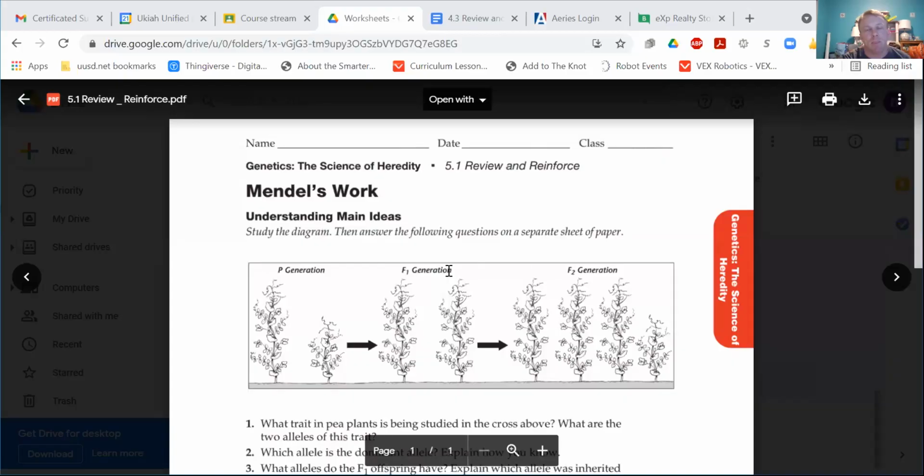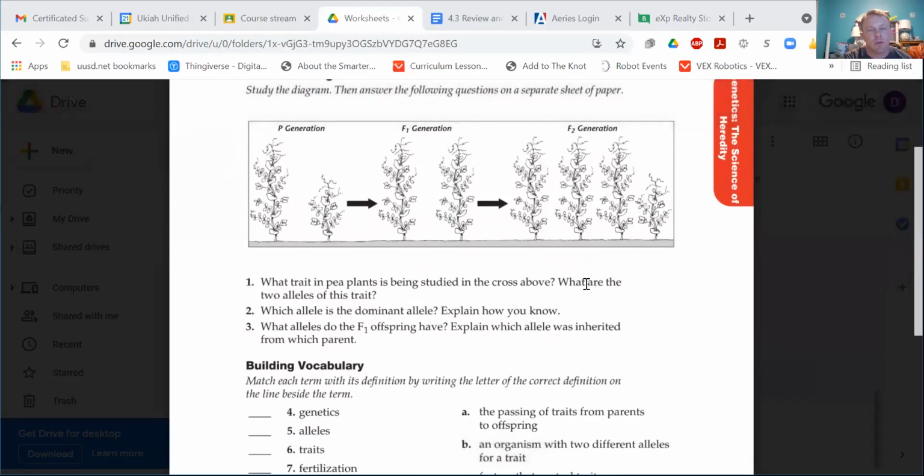So 5.1. Okay. So let me show you guys this one. Okay, so this is 5.1.